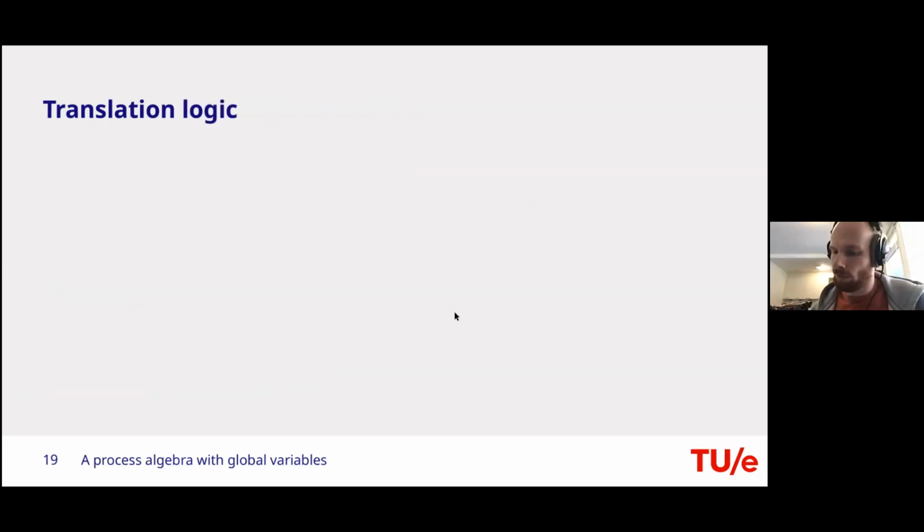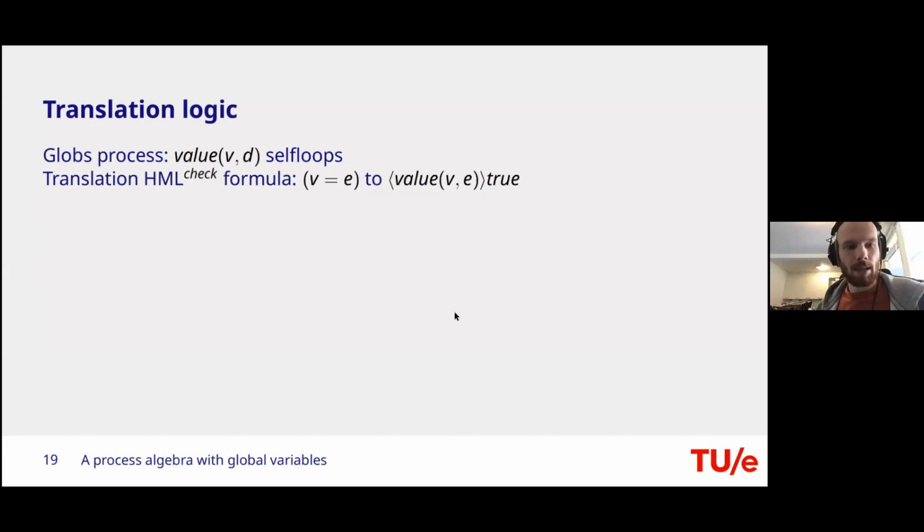We also translate HML check formulas, so without the set operator. To do this, we add self loops to the globs process. So it has a self loop with a value label with the current value of the variable. And we translate the HML check formula by replacing the check with this.